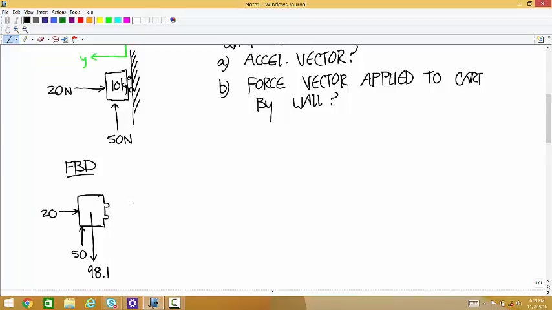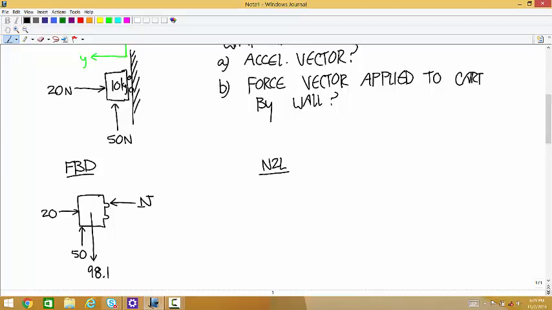And then there's a pushing contact from the ground. This is the normal force. I'll call it N. And if you go around the boundary, there's nowhere else that the outside is in contact with this, so that's done. And now we'll go to Newton's second law.